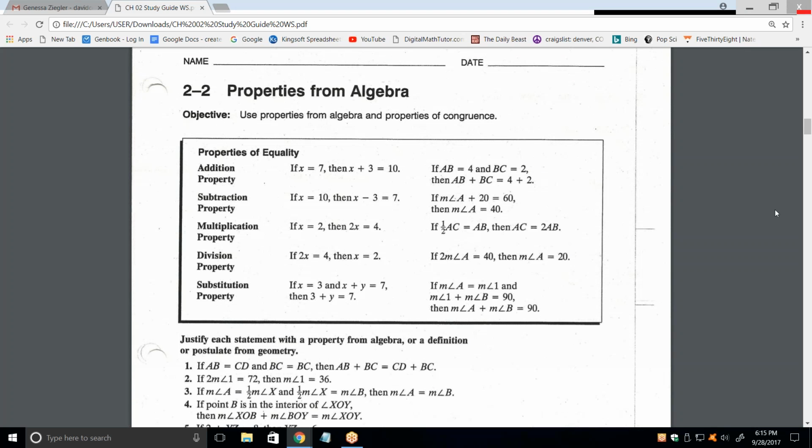I'm not sure this is purely the substitution. I'd be more likely to say that it's the transitive. Isn't that exactly what the transitive says? If A is equal to C and B is equal to C, then A is equal to B? Isn't that the transitive property? Yeah. And that's kind of what they're saying in number 3 here.